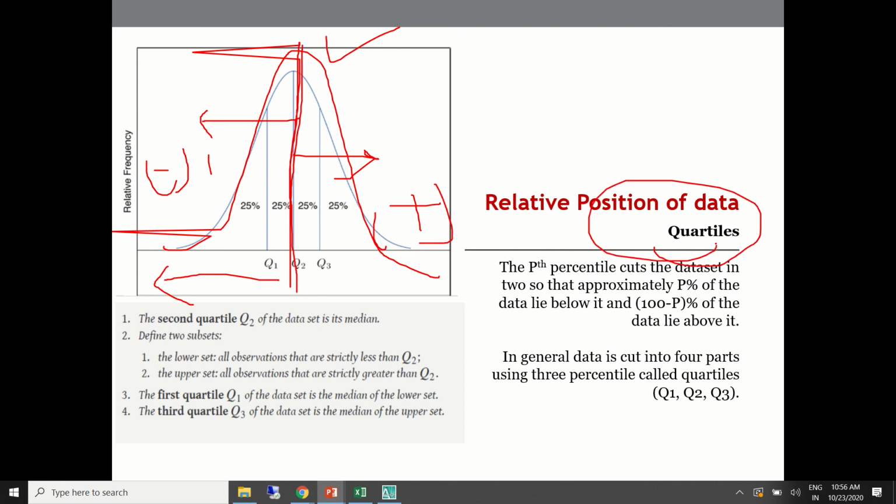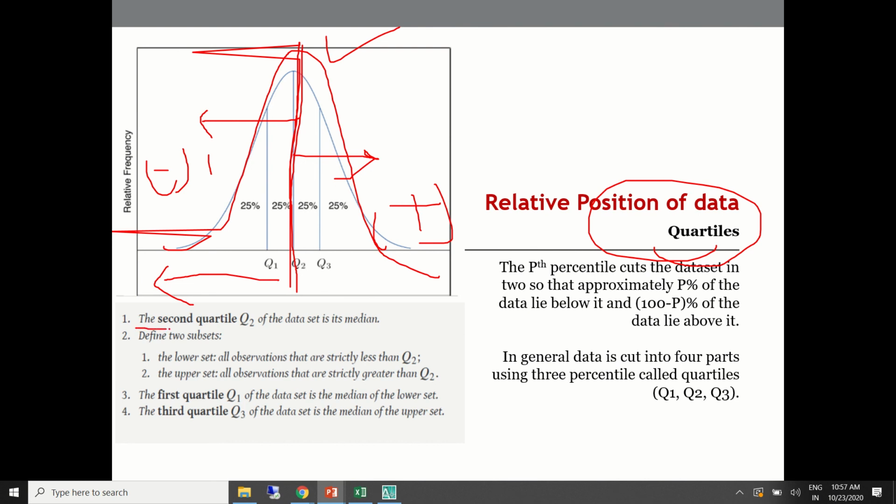What are quartiles? We can understand this again in the form of the distribution of the data set, how it is spread from the mean value. There are certain things we have to understand if we have to plot this in the form of a graph.